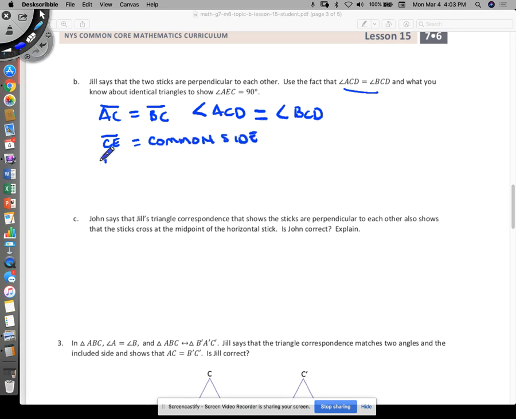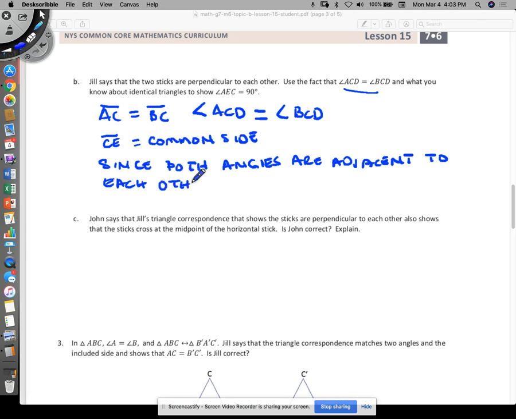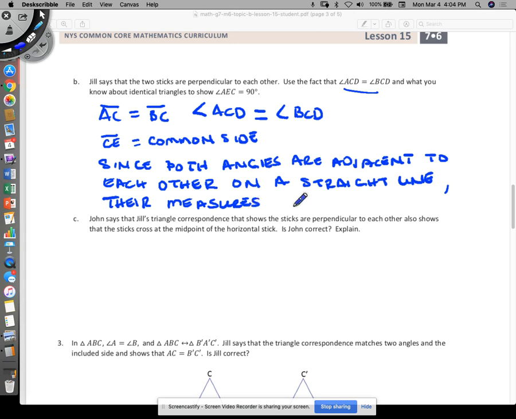So putting that all together, we can say, since both angles are adjacent, which means between, are adjacent to each other, on a straight line, their measures sum is 180.